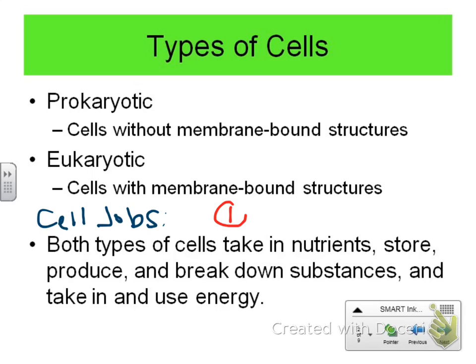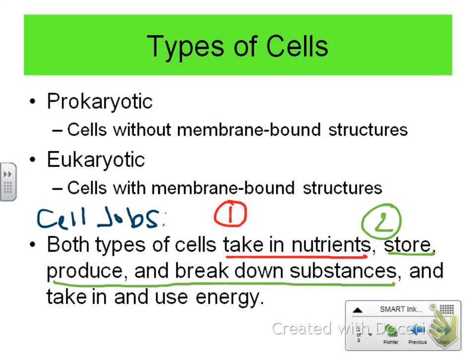So your first job that the cell does is it's going to take in nutrients. Number 1. You need nutrients every day to make sure that your body is fulfilling those processes. That's what the cell is helping you do. Number 2, up there, is to store, produce, and break down substances.